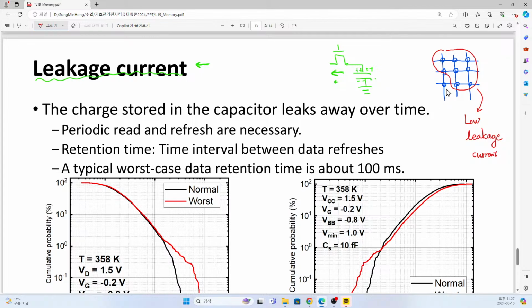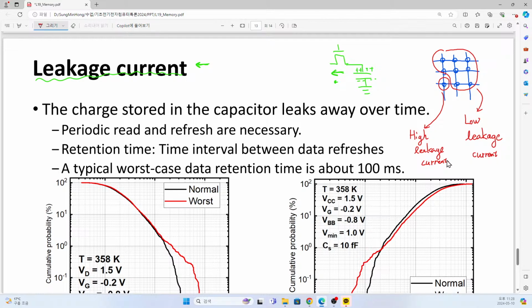And say that only one of them has high leakage current. Then you may say that, okay, there are 9 bits, most of them are well made, and only one is working poorly, so more or less it is okay. But it is not the situation.